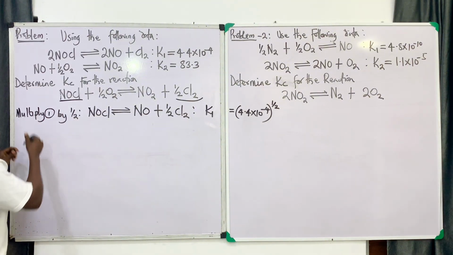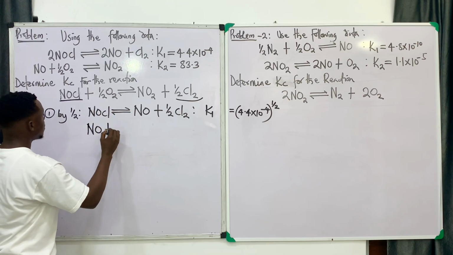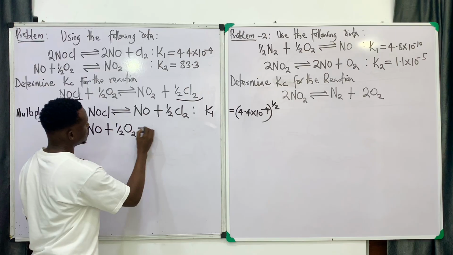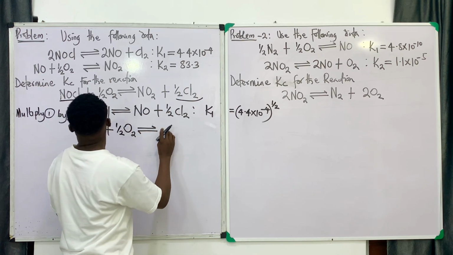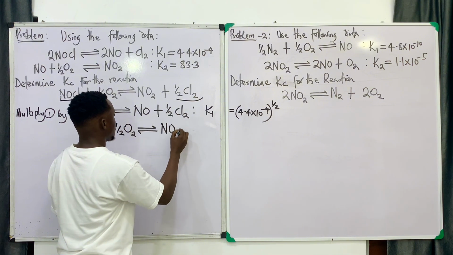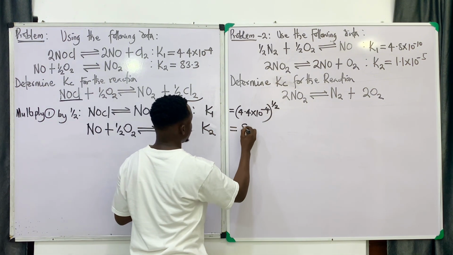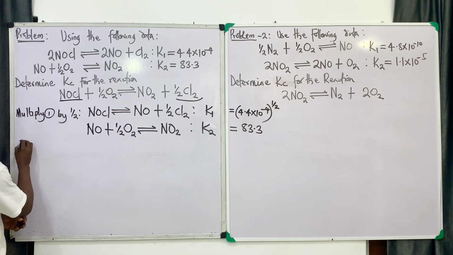So when you do that, equation 2 remains the same. So this becomes NO plus 1 over 2 O2, giving us NO2. Now our K2 remains 83.3.